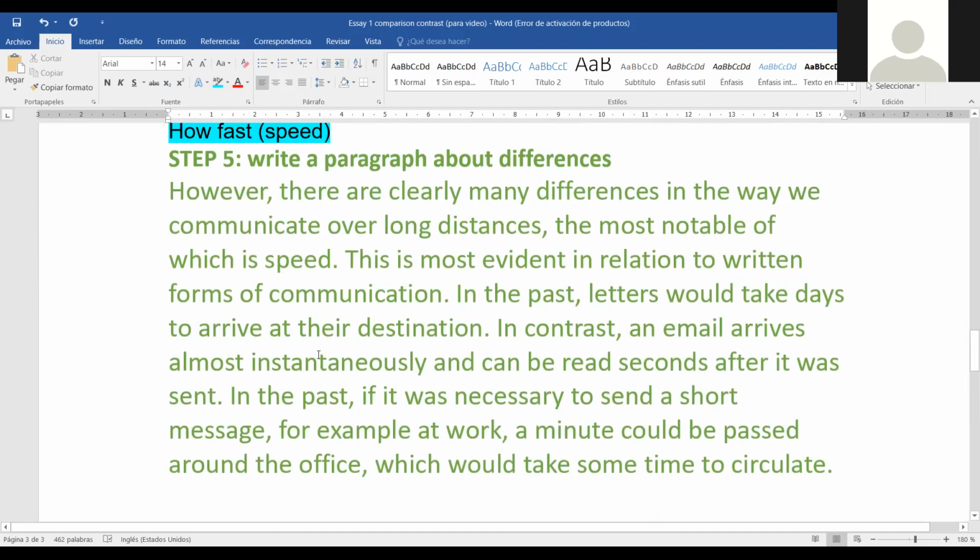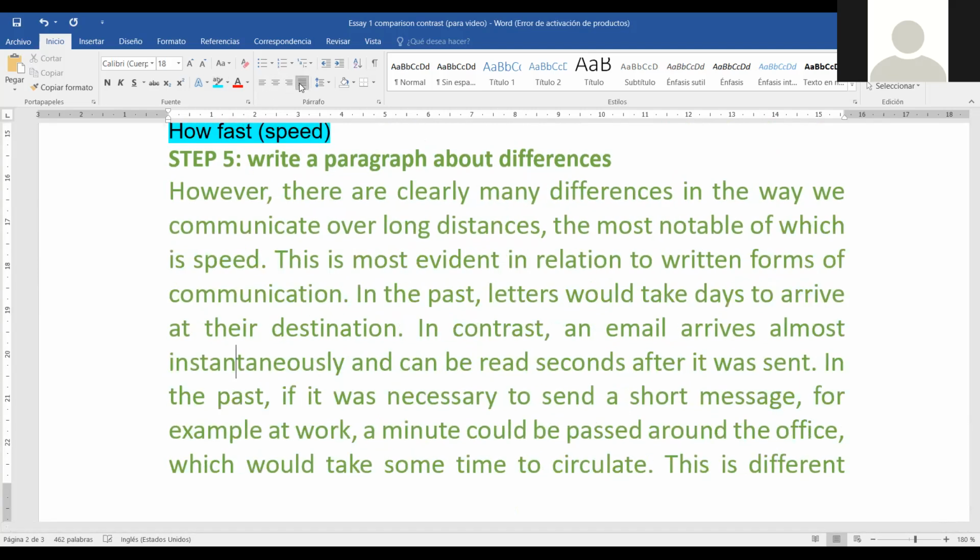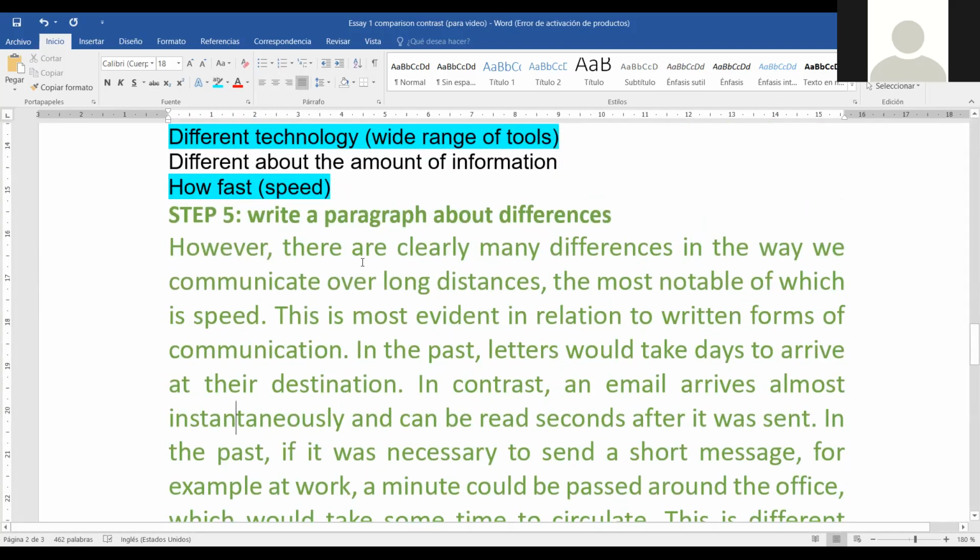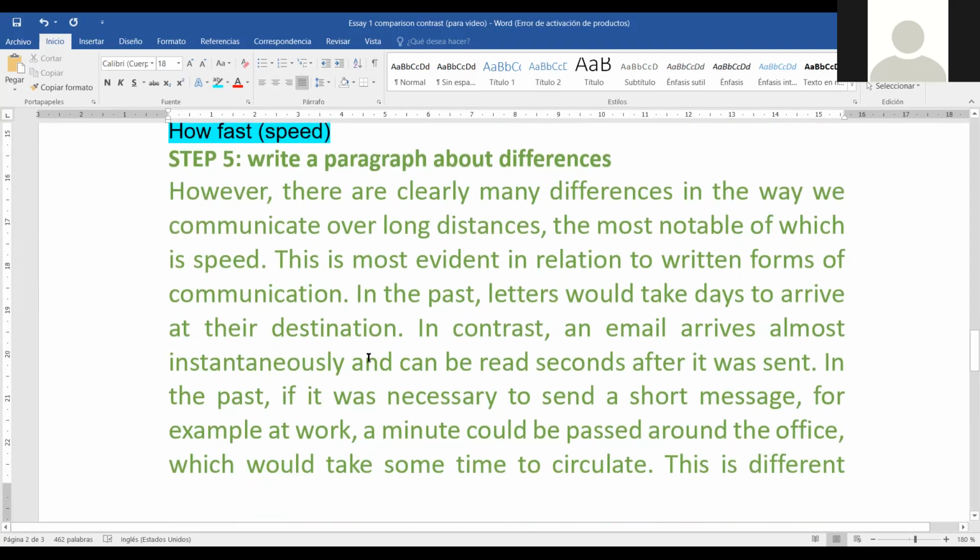Can you read this first paragraph, Luis? However, there are clearly many differences in the way we communicate over long distances, the most notable of which is the speed. This is the most evident in relation to written forms of communication. In the past, letters would have taken days to arrive at their destination.